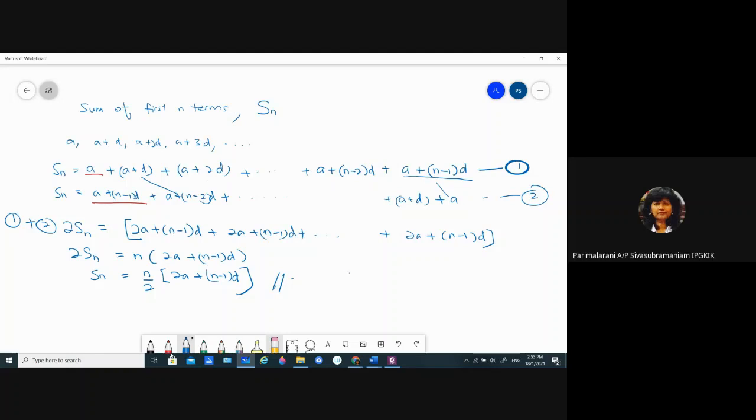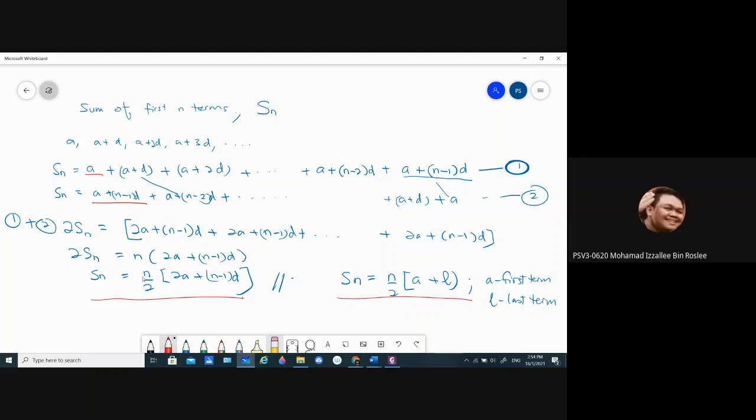There's another formula we can use: Sn is equal to n over 2 times a plus l, where a is the first term and l is the last term. You can use either of these two formulas to find the sum of terms in an arithmetic progression. This is just revision; you have done all this already.